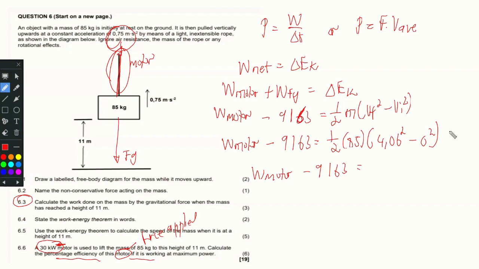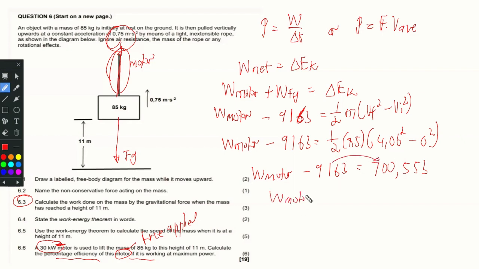So that's 1/2, 85, 4.06 squared minus 0 squared, then close the bracket. Then we have 700.553. Then let's transpose this over to that side.